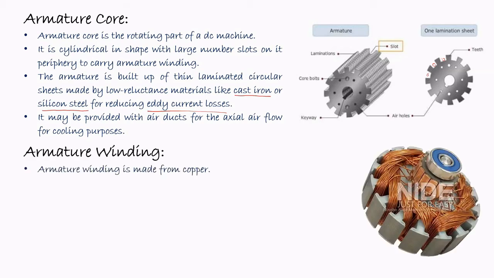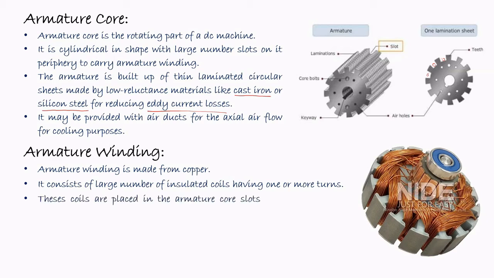The armature winding is made from copper wire. It consists of a large number of insulated coils having one or more turns. These coils are placed in the armature core slots and connected in series or parallel depending upon the type of winding.